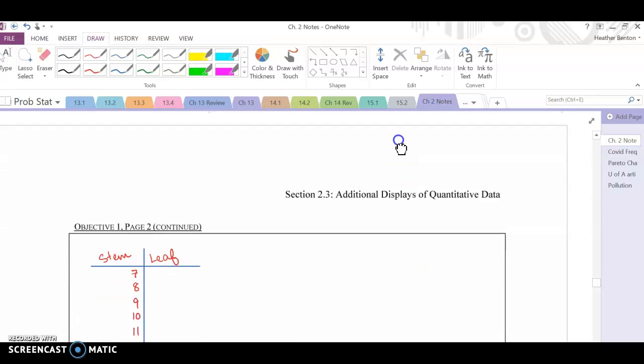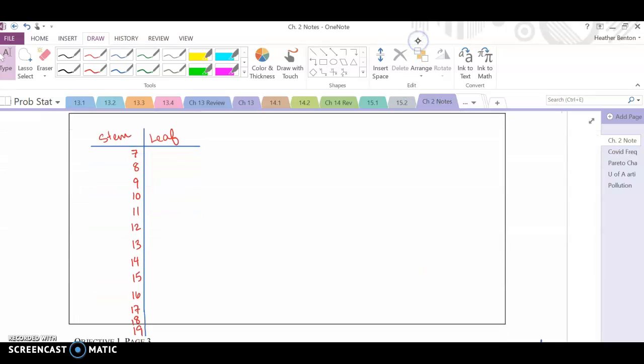So you'll write the leaves over here, and here's the kind of strange part. You're going to list 3 to represent 7.3, and then you're going to go ahead and list the 8 without listing the 7 again. And so this represents 7.3 and 7.8 are 2 separate percentages that we have.